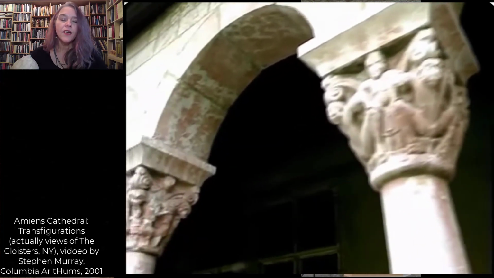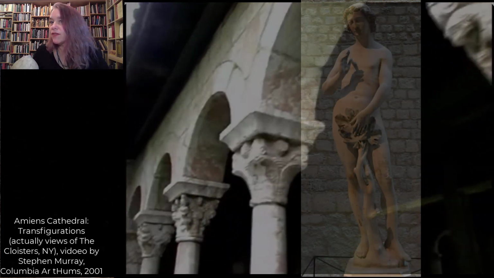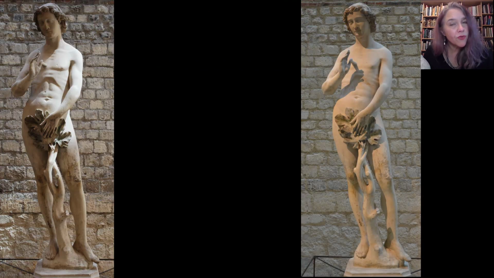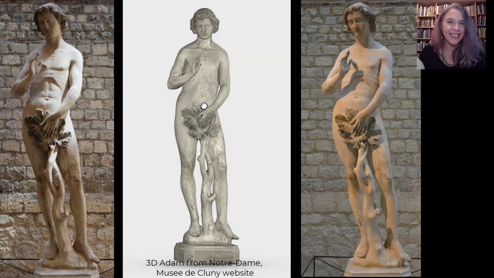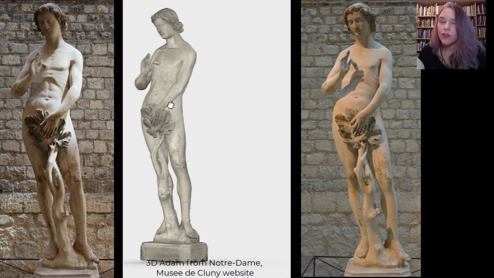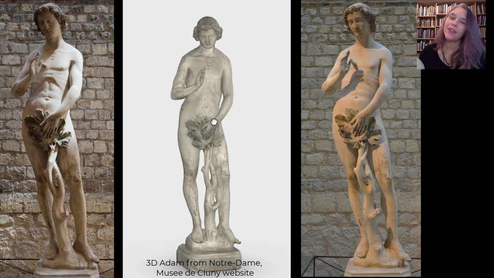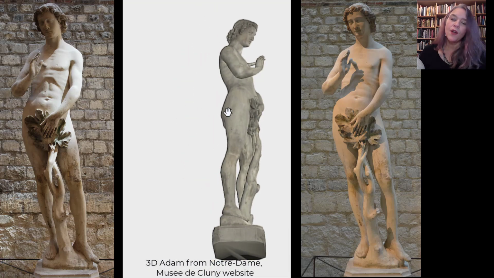Now, the forms of digital 3D modeling that we currently have on various websites would seem to free us from the limits of film and the stillness of photography, as you can see in this set of views available through the Musée de Cluny of the Adam from the Cathedral of Notre Dame.